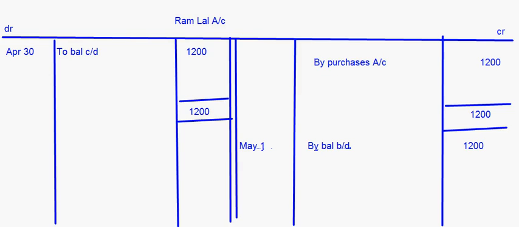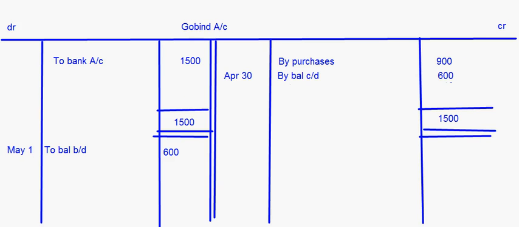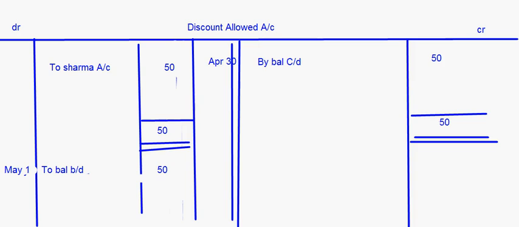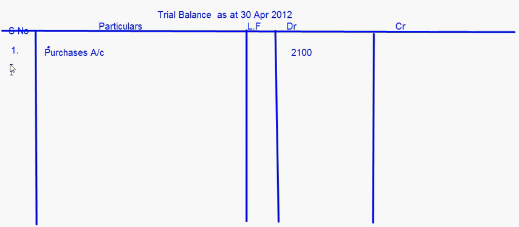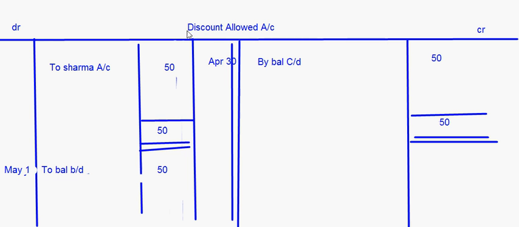So go to the trial balance now. So here you will write number 2, sales account. Credit side you will put 3,300, right? So just transferring the balances to the correct side, that is debit or credit, whatever, that is the trial balance.